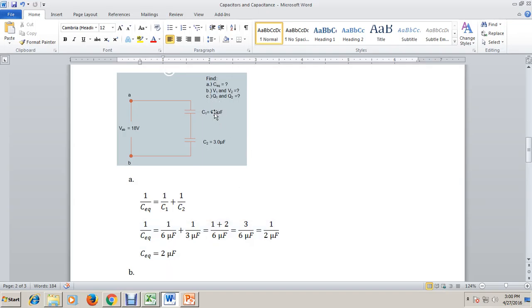So by this observation, we can say that when we combine capacitors in series, what we actually achieve is that the combination of the capacitors renders a lower value as compared to the individual values of the capacitances.